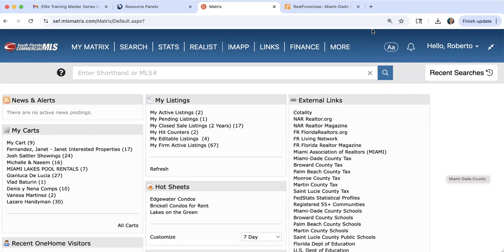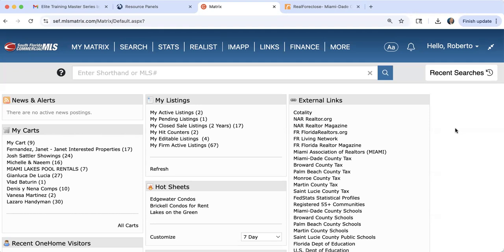Inside the MLS, we're going to go with our first scenario, which is we have a client who approached us and they are looking to buy a property, renovate it, and then flip it for a profit. Around 10 years ago, that was a very popular thing to do.